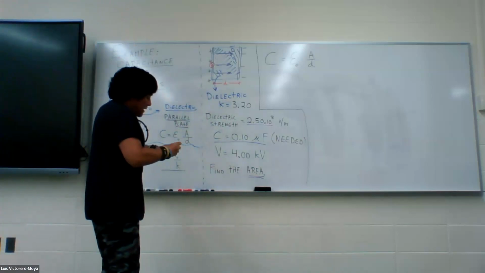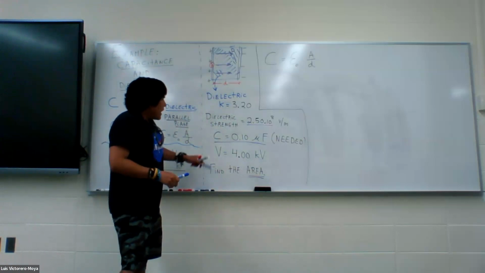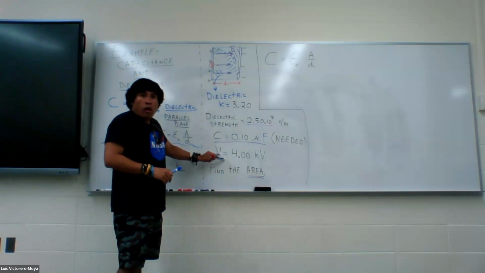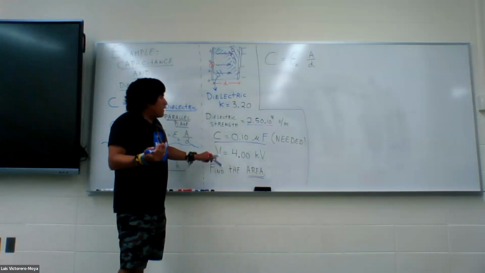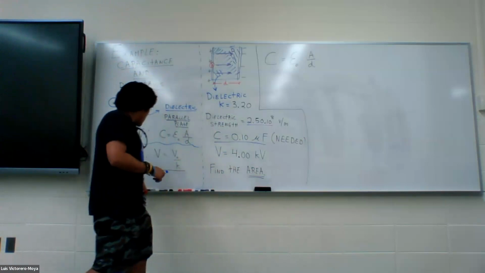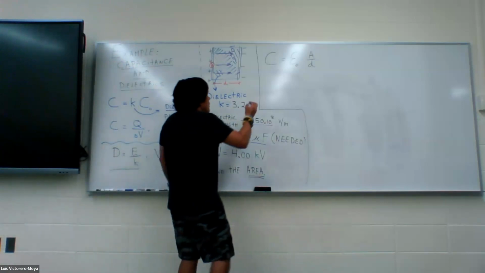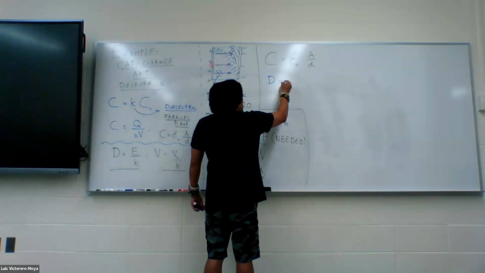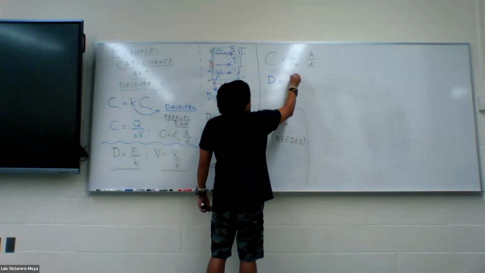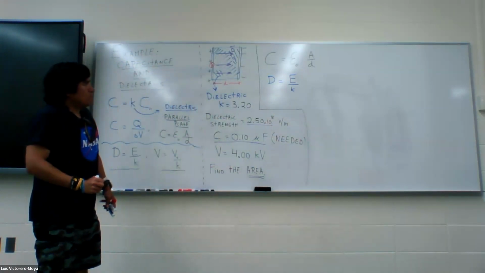To find the distance, you are going to use the voltage and the electric field. And you have the electric field because you have the dielectric strength. The dielectric strength is the electric field divided by the dielectric constant.